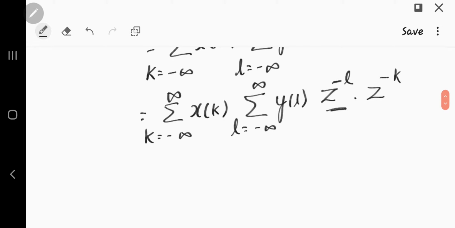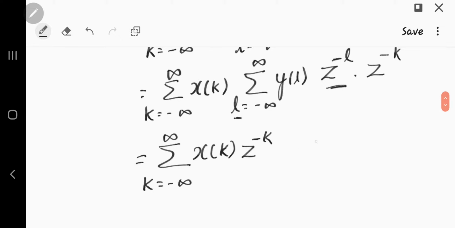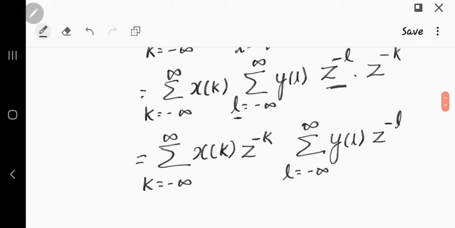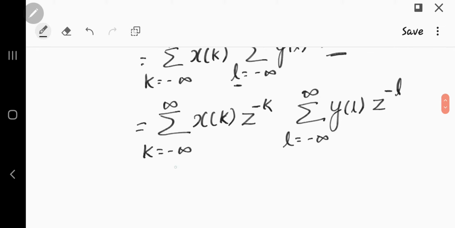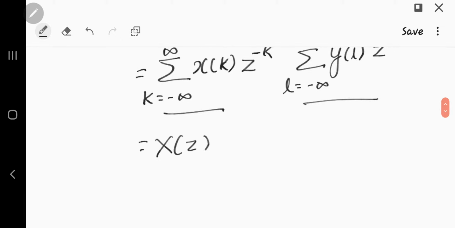Now this L stays here, and this z power minus k will become a constant with respect to this limit. So taking that outside, k is equal to minus infinity to plus infinity x of k z to the power of minus k into L is equal to minus infinity to plus infinity y of L z to the power of minus L. Now these two, if you compare with equation 1, this is nothing but x of z, and that is y of z.